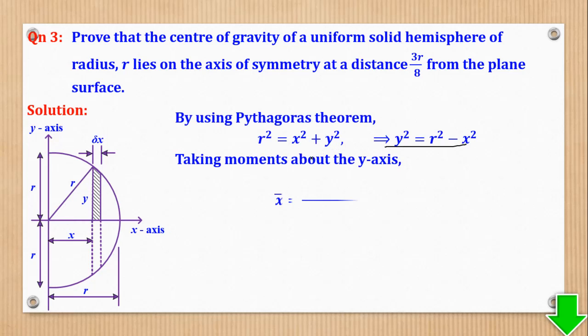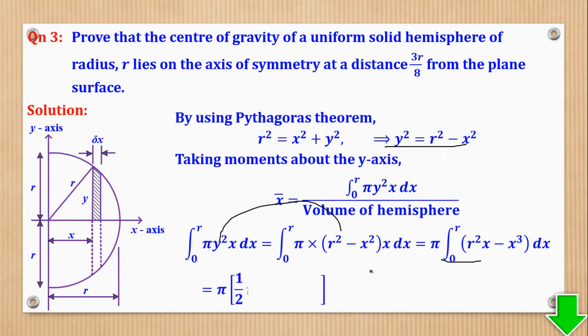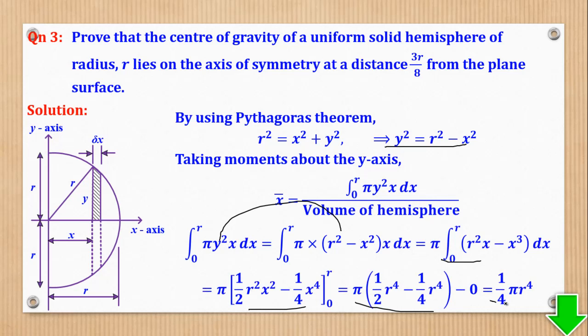Therefore, taking moments about the y-axis, we have that. Therefore, come and substitute for y squared. Simplify, then integrate, substitute limits, output. Then I can substitute back into the x bar.